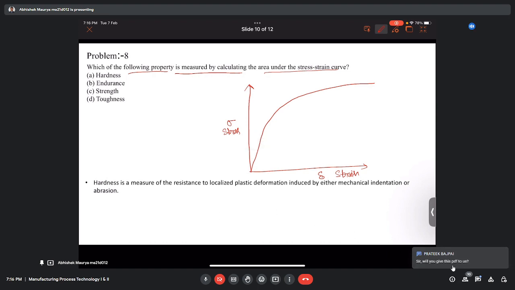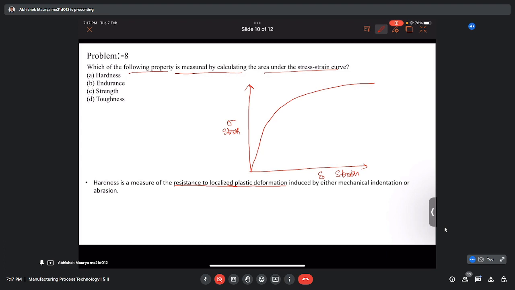Yes, Pratik, you will get the PDF. So the main thing is resistance to localized plastic deformation. This localized is a very important word in this definition.